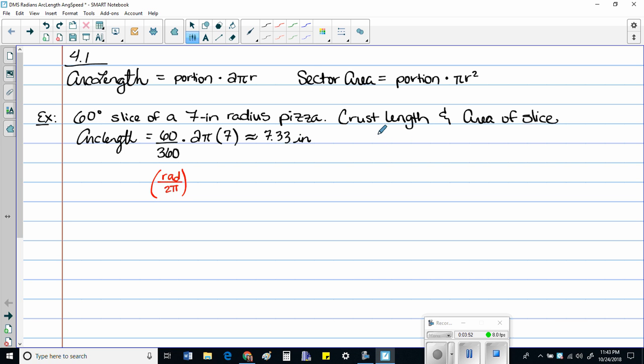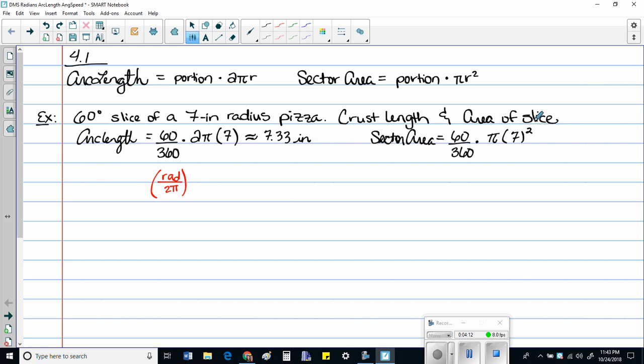All right, and then the sector area is the portion. So again, 60 out of 360 times the area, so pi r squared.